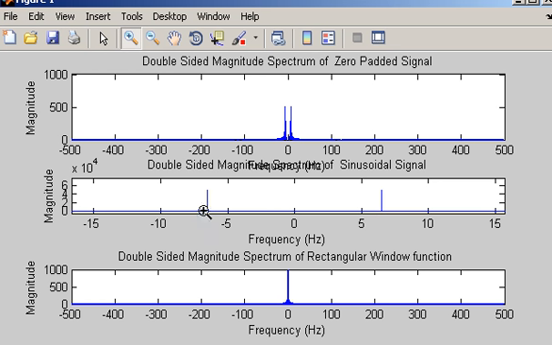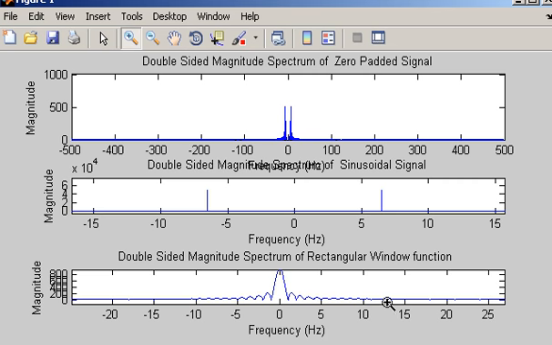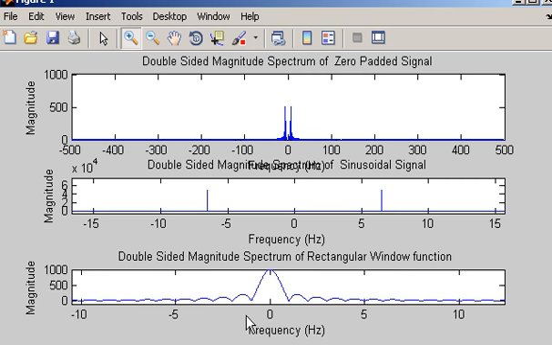The second thing I'd like you to focus in on is the shape of the double-sided magnitude spectrum of the rectangular window function. So I'm just going to zoom in on that as well now. We can see that it has a shape that we're used to seeing, and we saw it earlier on. It's got this main lobe and side lobe components that we can see there quite clearly.